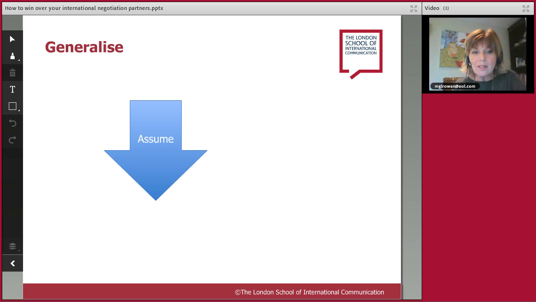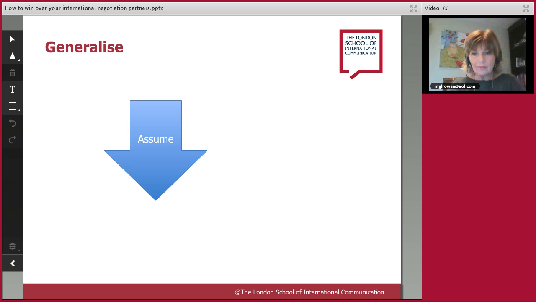I've seen many examples of this, particularly where you have very senior people involved in negotiation and some more junior people, or where you have organizations that have very different cultures, where there's an assumption about something that is not actually matched well between the two parties.